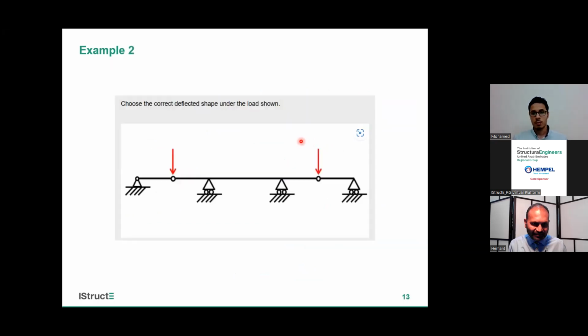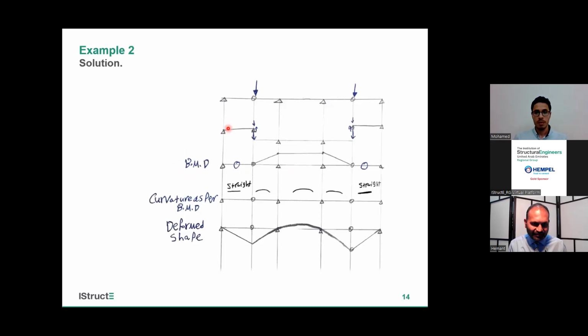Okay, this is the first one. Second question, and it's very important to know drawing the deflected shape, as we will have many of them in the exam, maybe 3 or 4. It depends, but it's very important as an engineer to know how the building will deflect, or what the shape of the deflection should be.